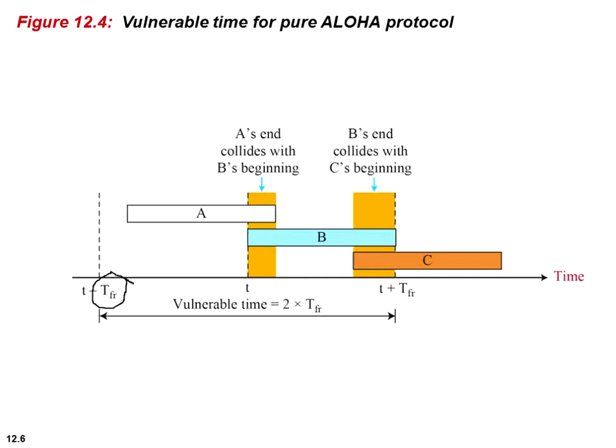Consider the vulnerable time for station B. Station B starts to send a frame at time T. Now imagine that station A has started to send its frame after T minus TFR.